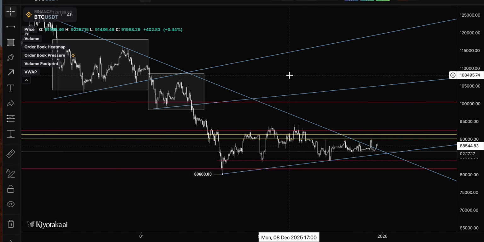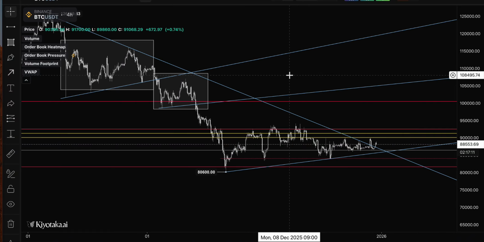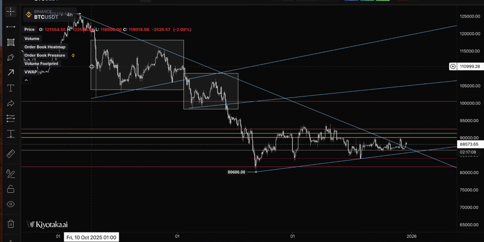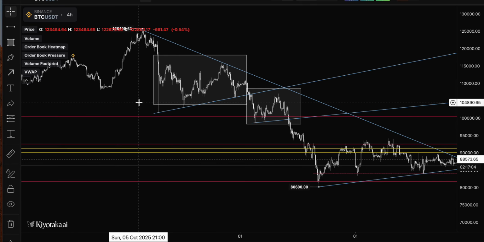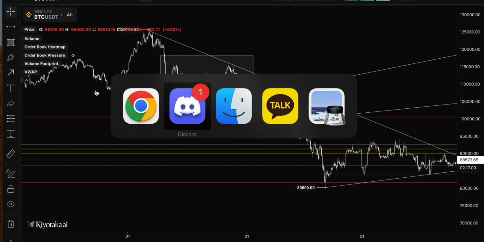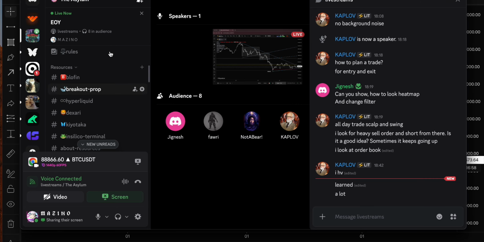Q&As, I don't know if I will do Q&As every day for half an hour, because there will be much more to say about the chart, and Q&As will be in the other section, for sure.